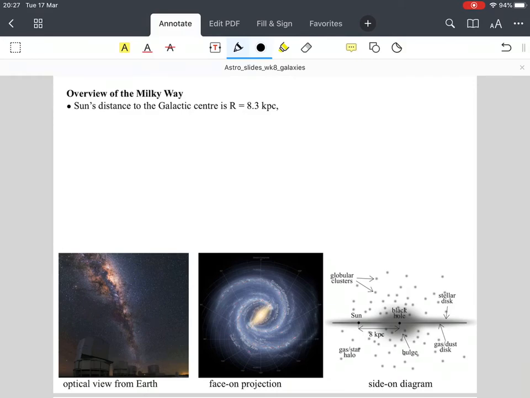We see our own solar system, but also other stars, that are all rotating in roughly circular orbits all the way around the galaxy, with the center of that orbit being the center of the galaxy.